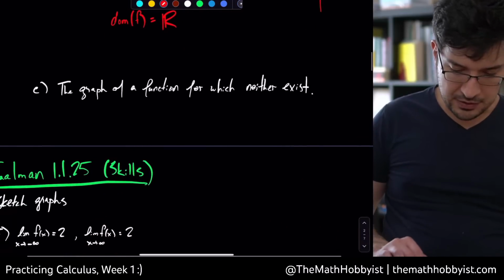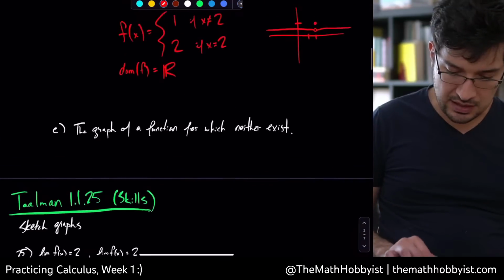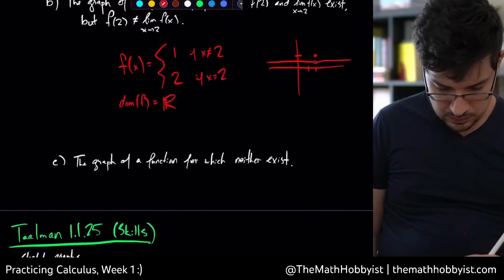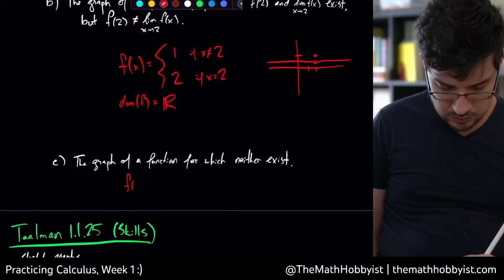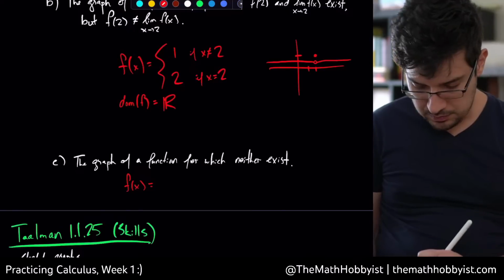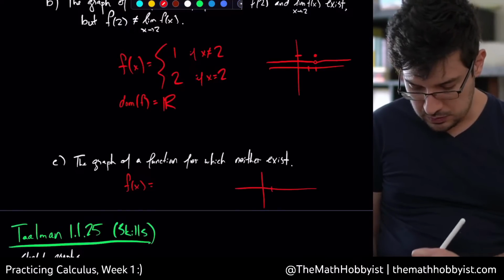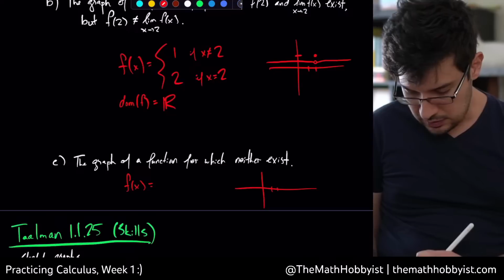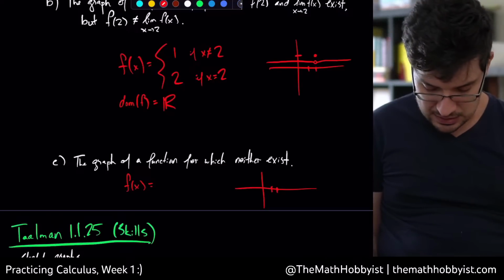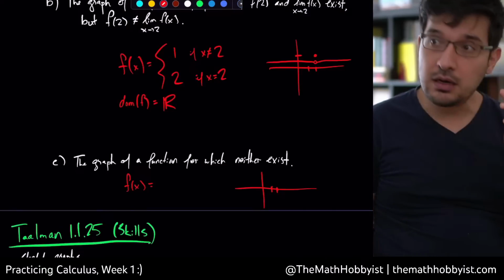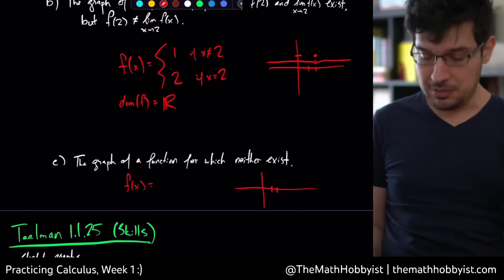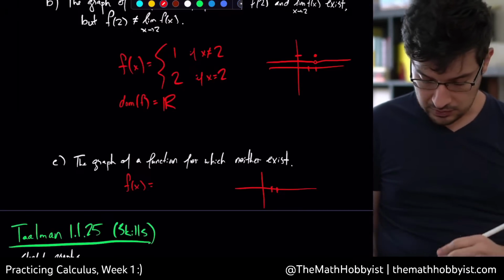The graph of a function for which neither exist. Okay. So when it says the limit doesn't exist, there are a few different ways that a limit may not exist.